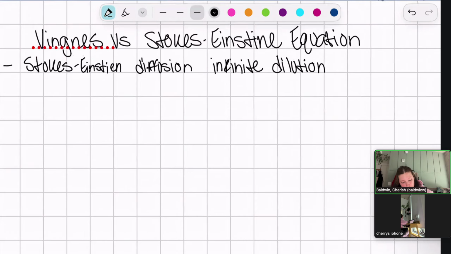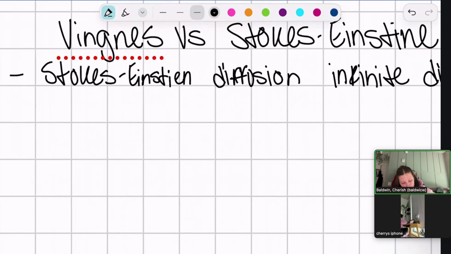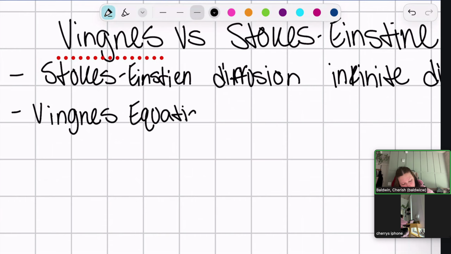So that's when we use Vignes' equation to symmetricize, so we can interpolate over a bigger range of concentrations and calculate it that way.